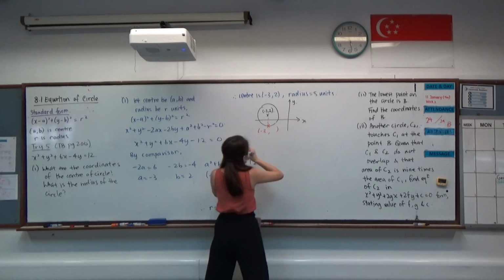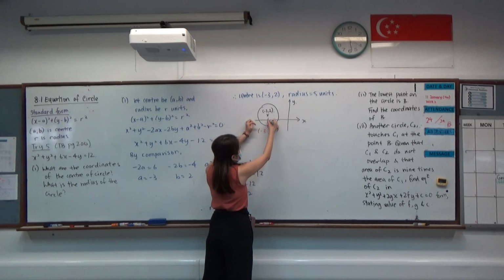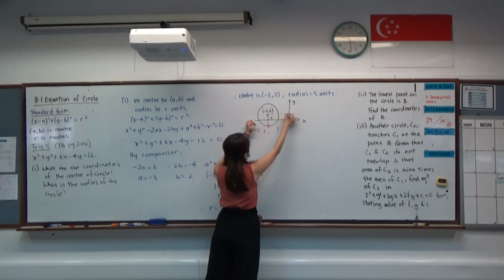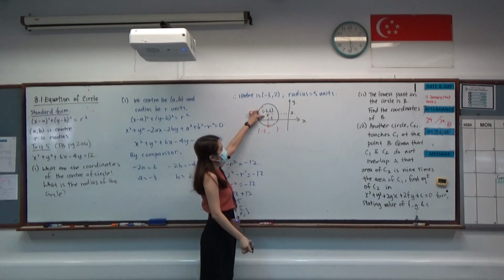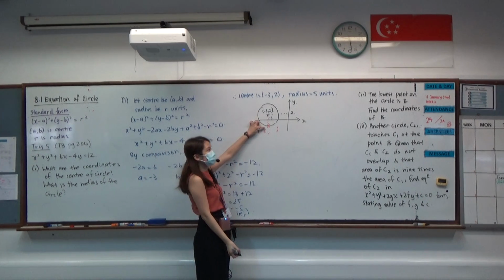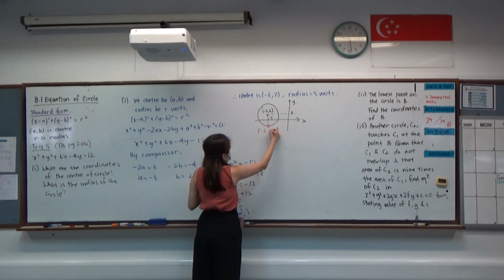We need the axis. The x coordinate here is -3, the y coordinate here is 2. So 5 units downwards. So 2 minus 5 and we will get -3.